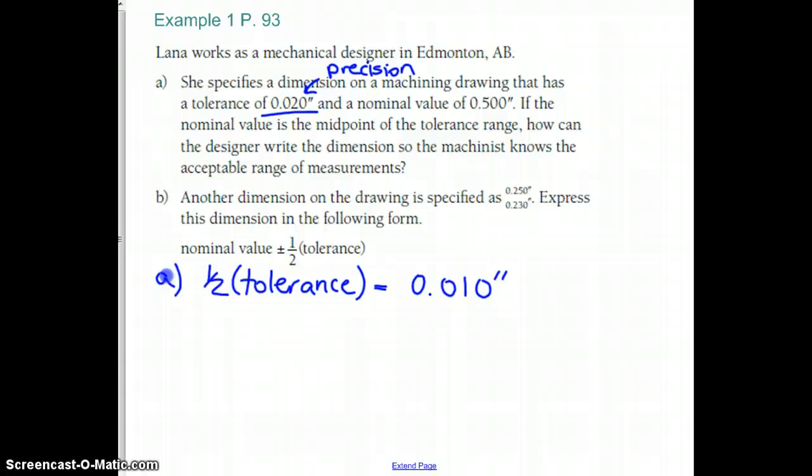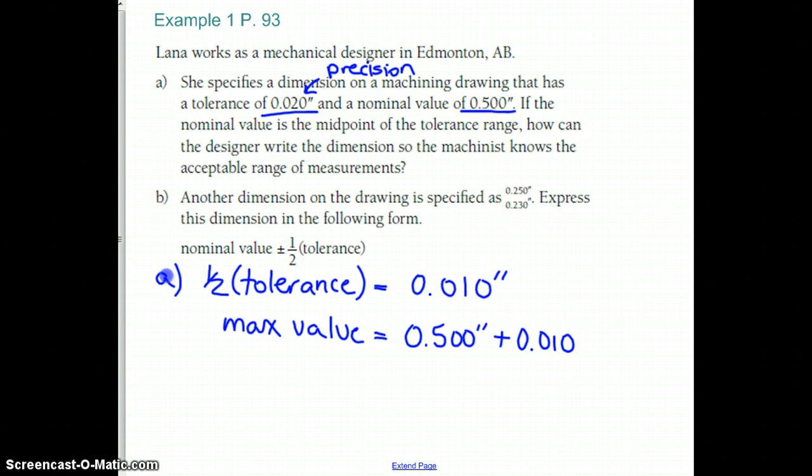Now let's also figure out our max value. We have our nominal value, so our max value would be our nominal value plus half of our tolerance. 0.500 inches plus 0.010 inches is a total of 0.5010 inches.